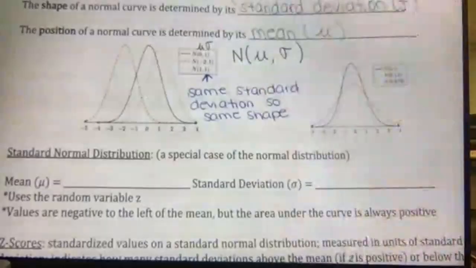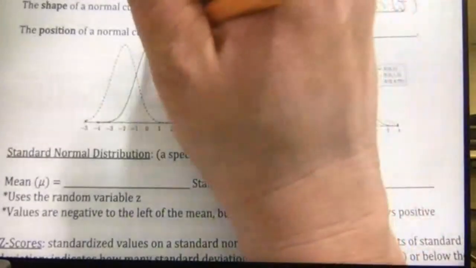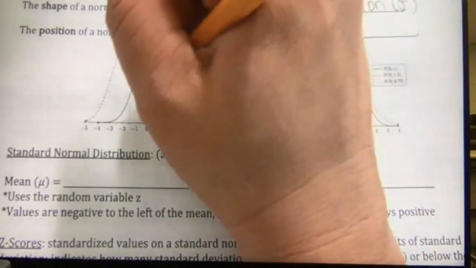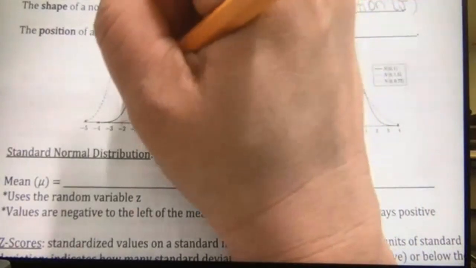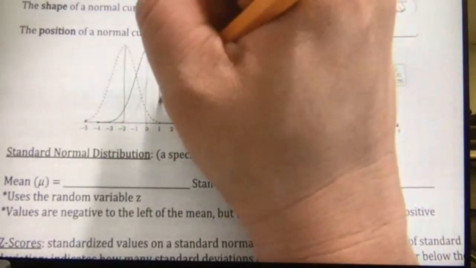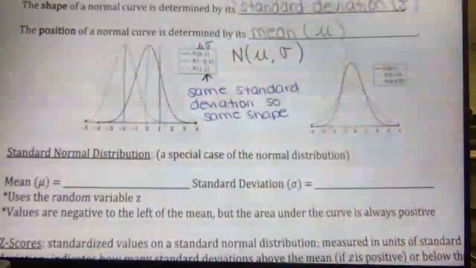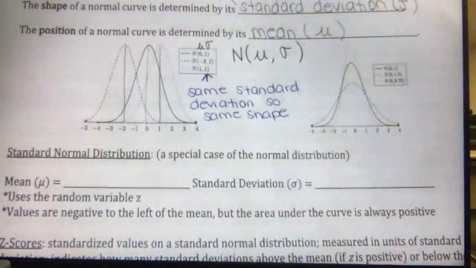So our solid line is centered around 0. Our dashed line is centered around -2. And our dotted curve, I should say, is centered around 1. So that just shifts it left and right.